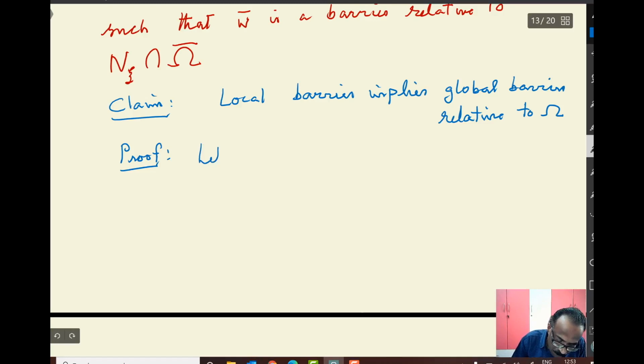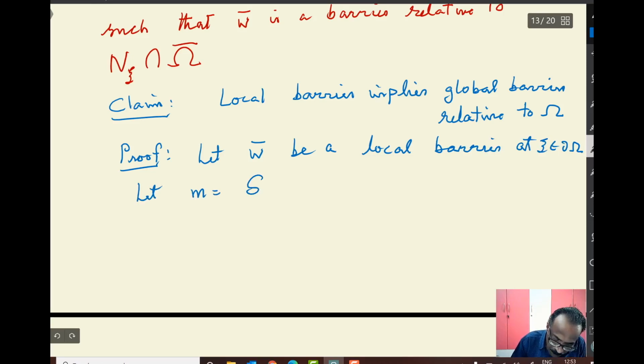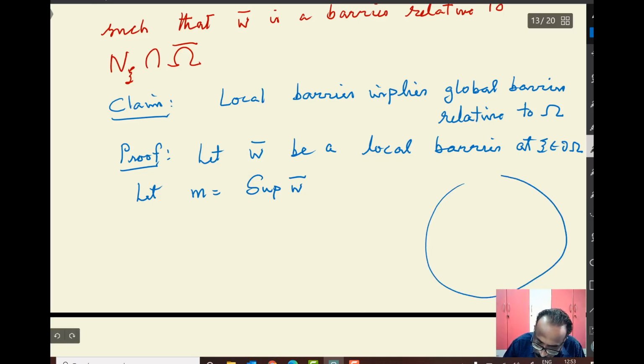Let w̄ be a local barrier at ψ in ∂Ω. Then what you define is that m is equal to the supremum. So I will not verify everything, you can verify. So what you do is, first you take a neighborhood.